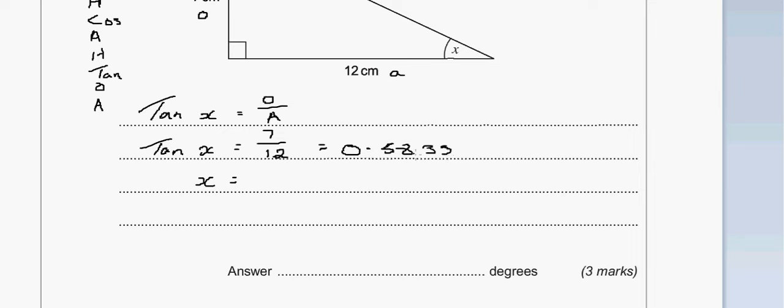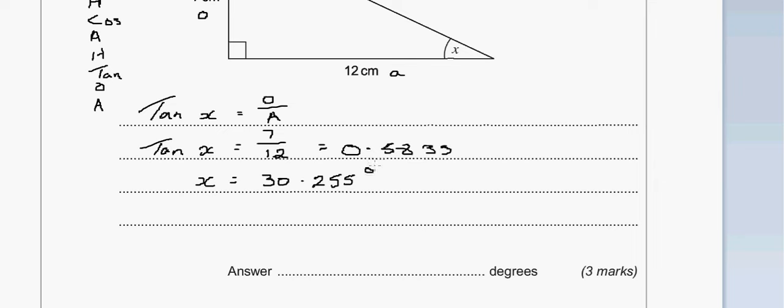So remember, we press shift, tan, and then 0.5833, and we get an angle of 30.255 degrees.